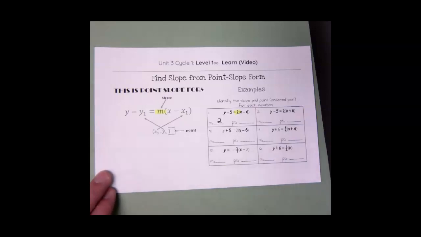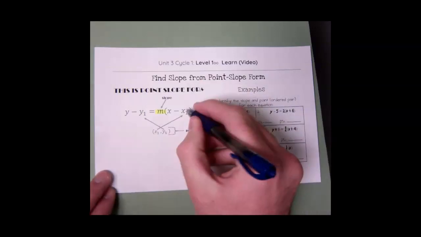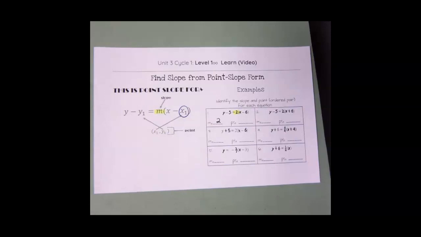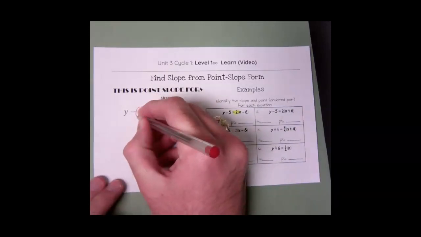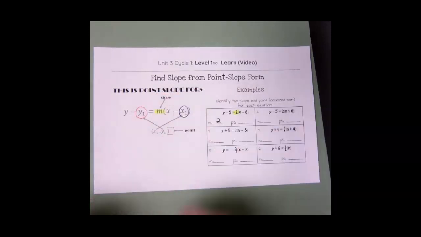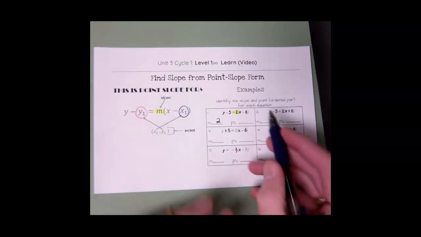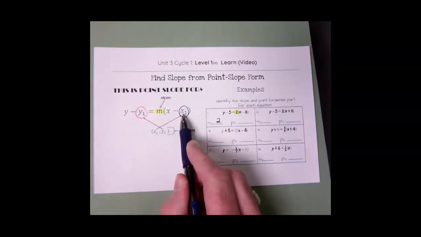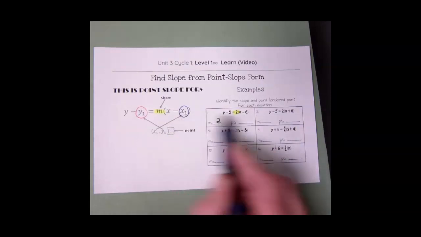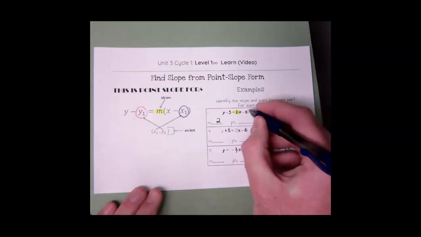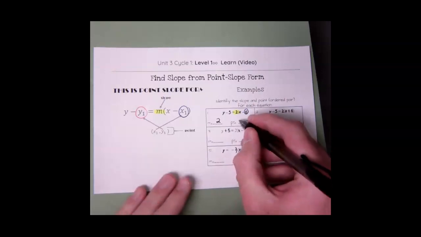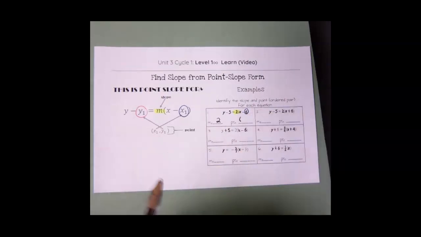Now for your point, this number is always going to be your x value. And this number is always going to be your y value. Okay? So if we look at this example, x minus x sub 1, x sub 1 here is 6. So my first point is 6.